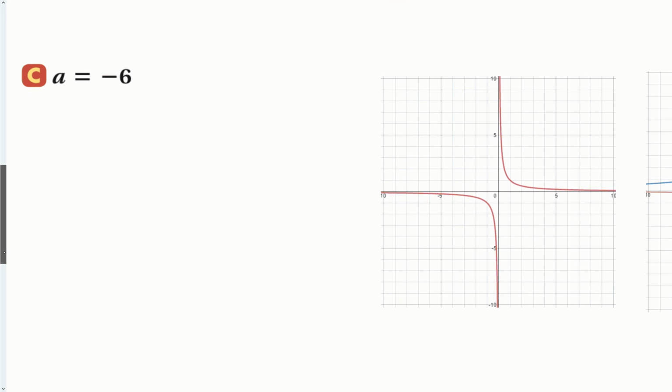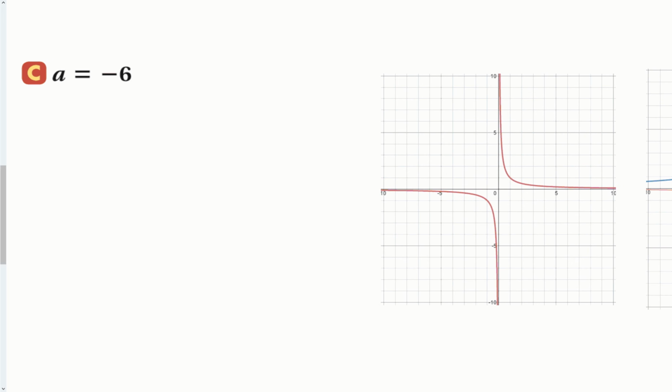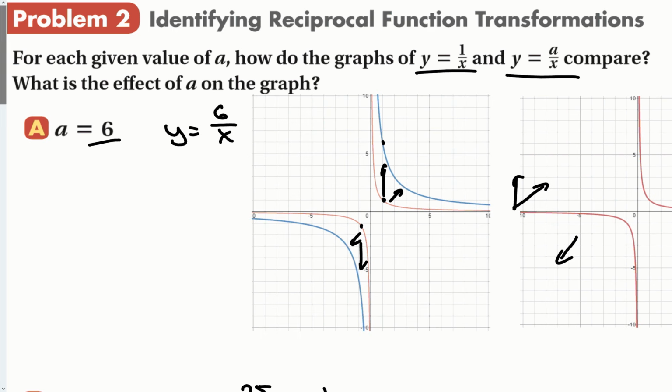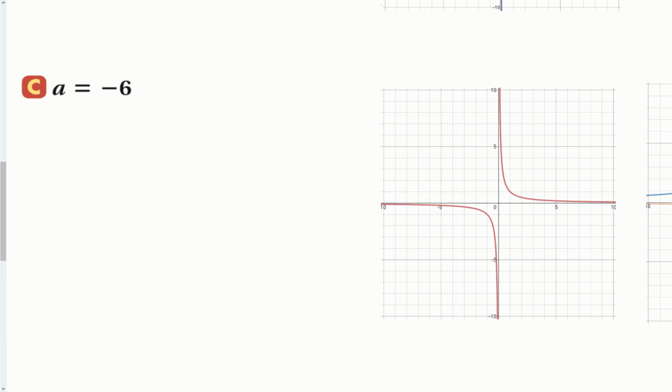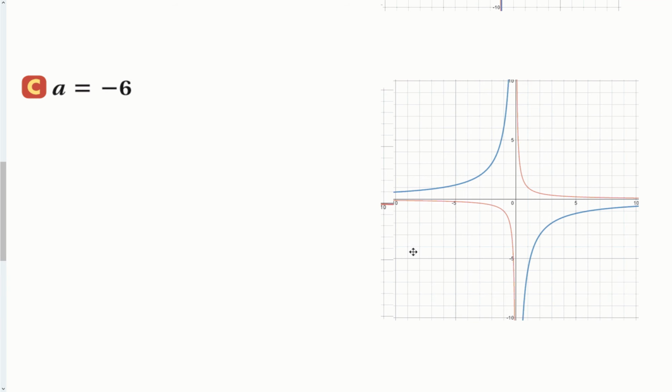And the last one, which is a negative. So if the function y is equal to 6 over x looks like this one, the blue one, putting a negative in the front of it would have the effect of making it in the other quadrants, the second quadrant and the fourth quadrant.